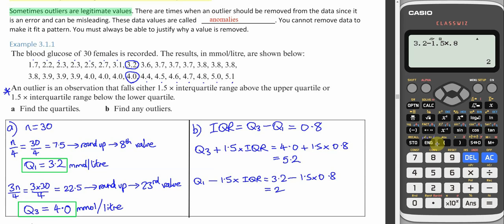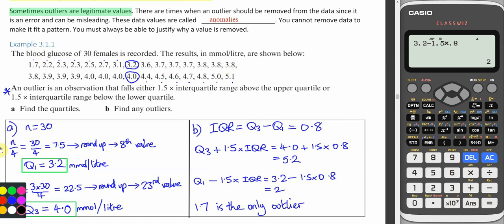So the upper limit 5.2, there aren't any numbers bigger than 5.2, so there are no upper outliers. However, 1.7 is smaller than 2, so 1.7 is the only outlier. That does not mean we're going to get rid of it. It just means it doesn't really fit the pattern with the rest of the data.